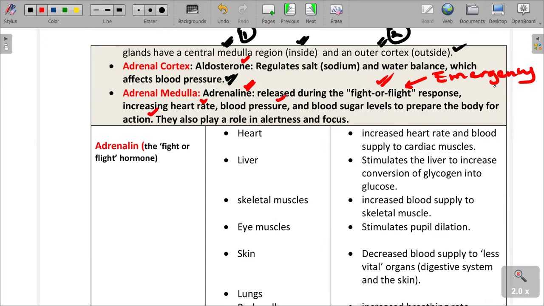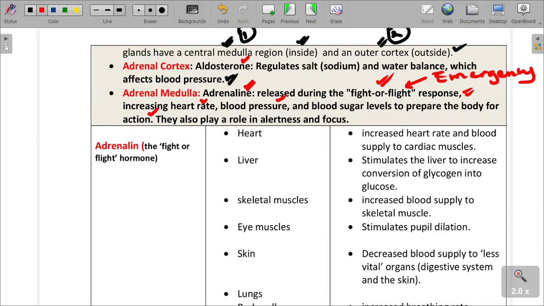The fight and flight responses are what we can call in simple terms emergency responses. So as you see, quite several times, you'll see that you are asked to identify the hormone that is responsible for fight and flight responses or emergency responses, where it is produced, and also give various functions of that.